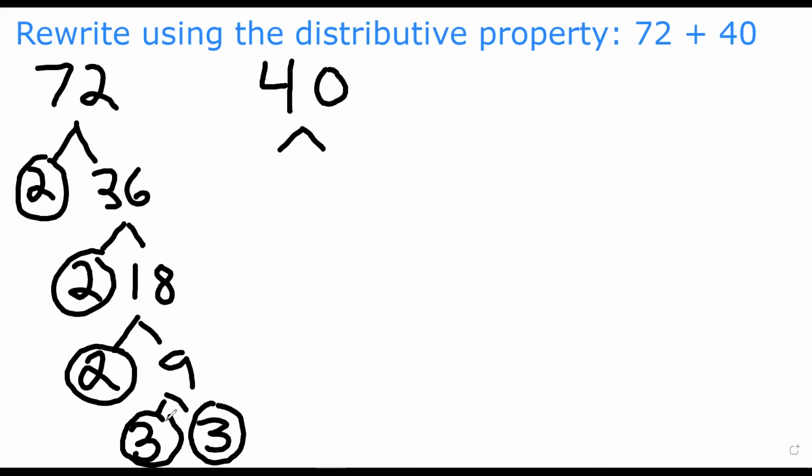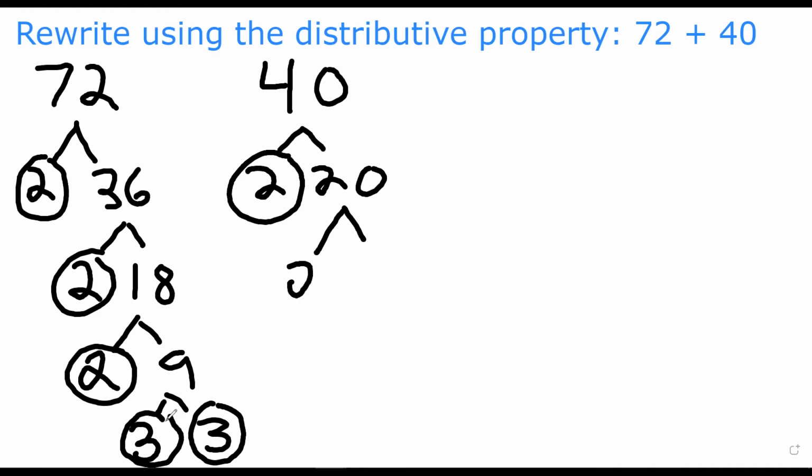What are some factors that you can think of for the number 40? We can start out with 2 and 20. Once again, we know that our number 2 is a prime number, so we can circle that one, and let's move on with the number 20. This is divisible by 2 again, so we can do 2 and 10.